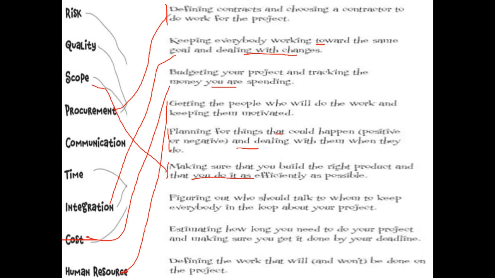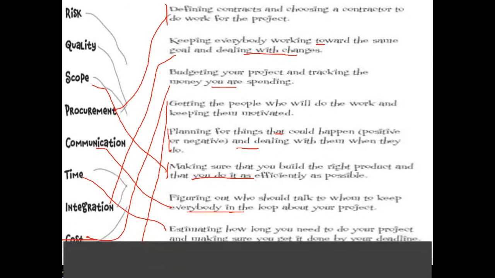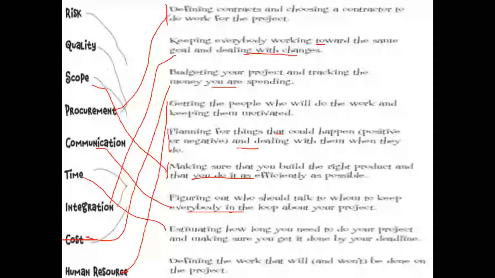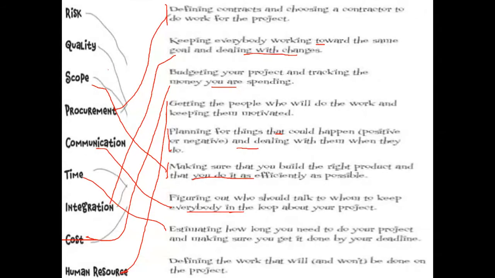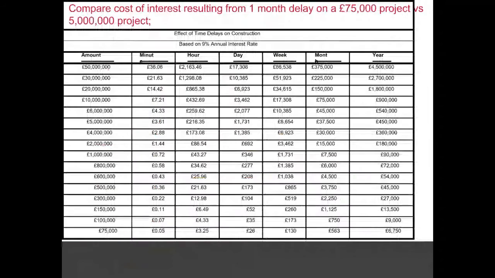Part of the maybe scope management, figuring out who should talk to whom to keep everybody in the loop about your project. So that would be communication, estimating how long you need to do your project and making sure you get it done by your deadline. That will be a part of the time management effort, and defining the work that will and will not be done on the project. That will be part of the scope management. So we see that there is a wider effort which is necessary to ensure that the project meets its targets.